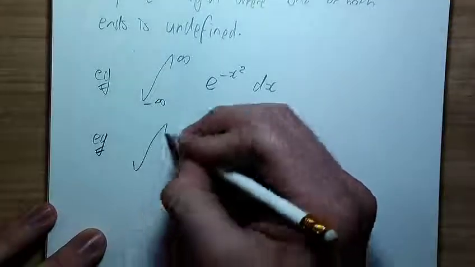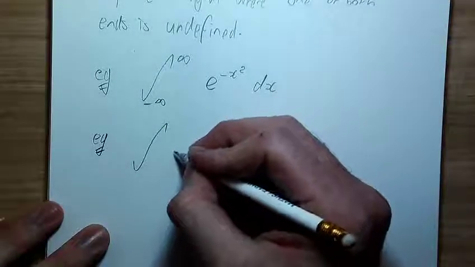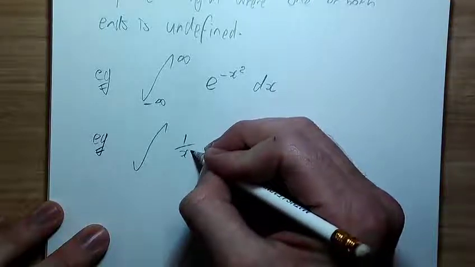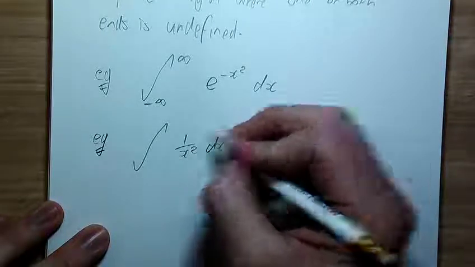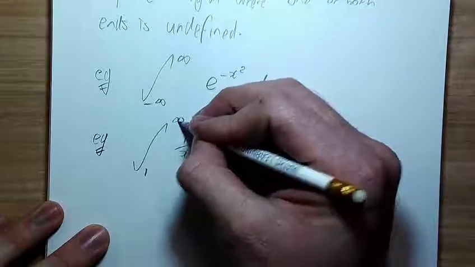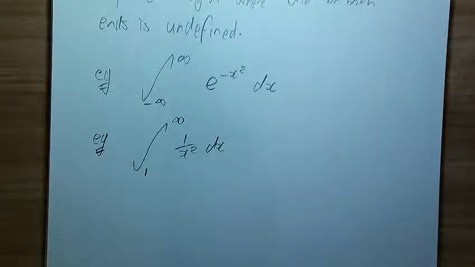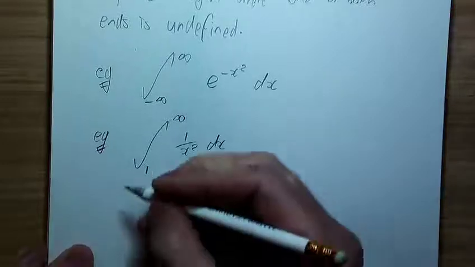It doesn't have to be infinity at both ends, so it could be something like that. It could be just infinity at one end. I don't even know if that one exists. I'm just writing down what the idea is.